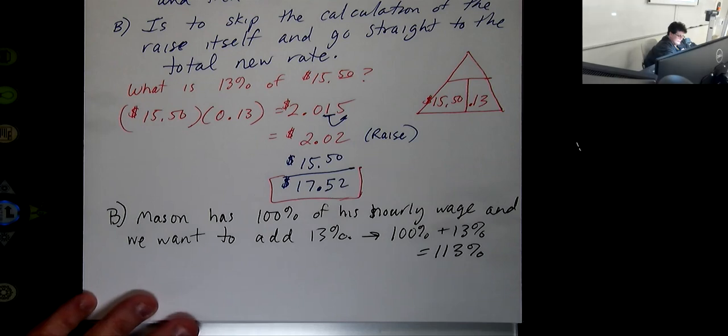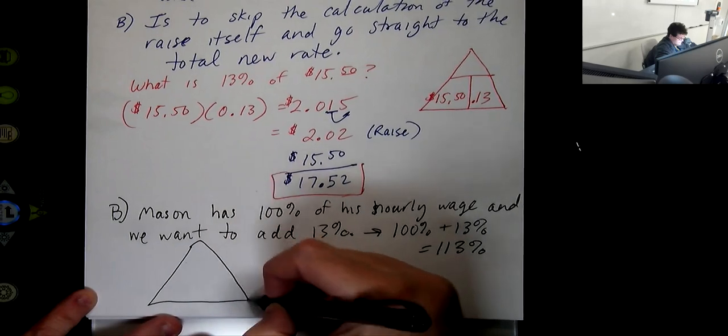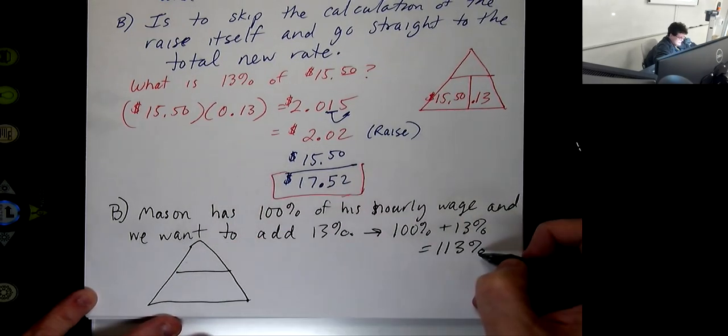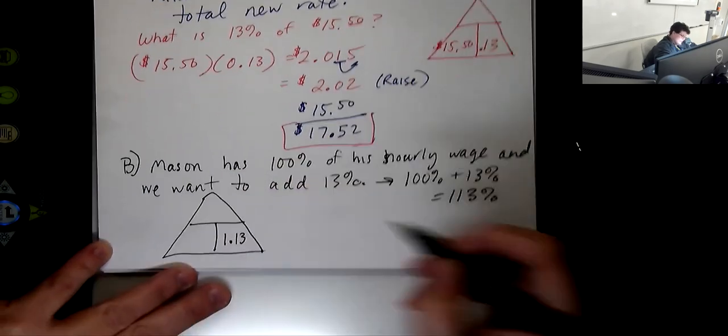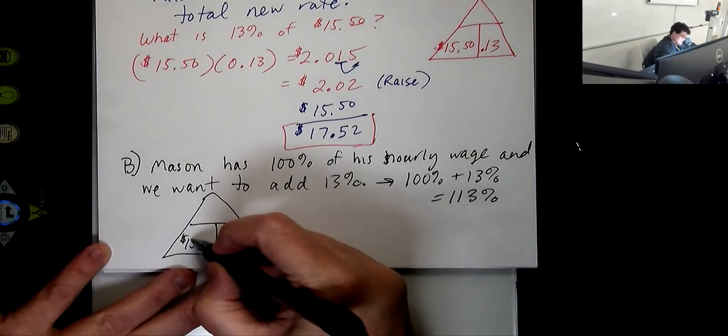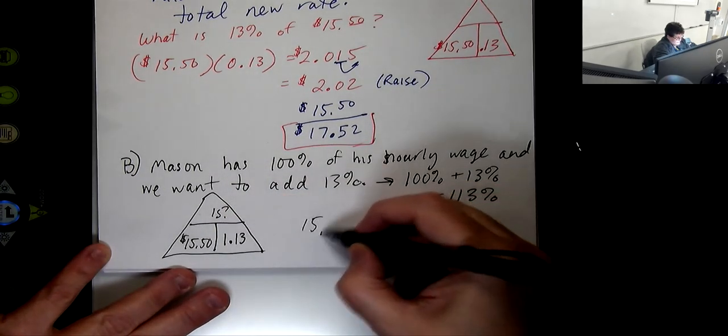It's a quick guess. So we could do the same triangle. Writing 113% as a decimal is 1.13, and we've got our 15.50.